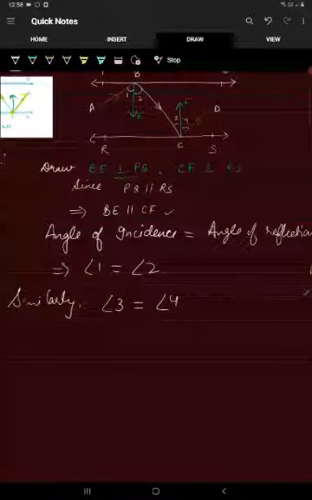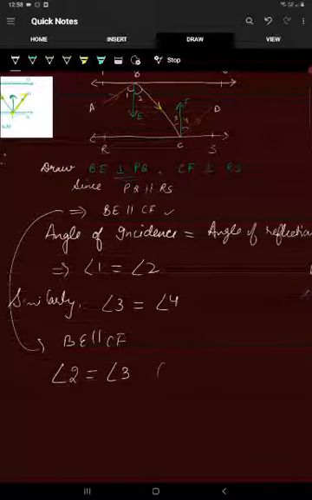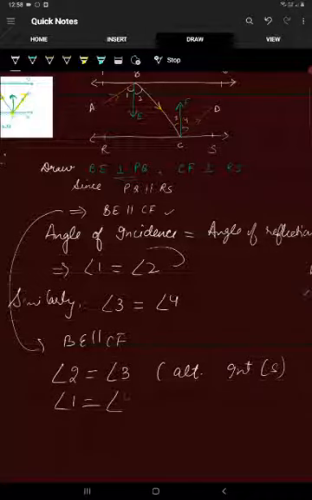Now students, BE is parallel to CF, therefore BC will act as a transversal. Therefore angle 2 and angle 3 are equal because these are alternate interior angles. So we can write angle 2 is equal to angle 3 because these are alternate interior angles, and angle 2 is equal to angle 1, angle 3 is equal to angle 4.